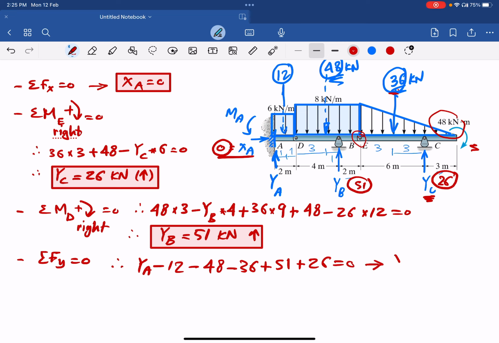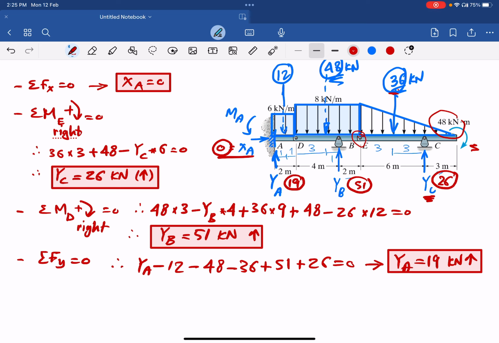And from here we have YA equals to what? Let's do that. It will be taken to the other side with the negative, so 12 plus 48 plus 36 minus 51 minus 26 equals 19. So the YA equals 19 kilonewton going upward, and this is the last vertical reaction, Y at A, and the value here is 19 kilonewton.